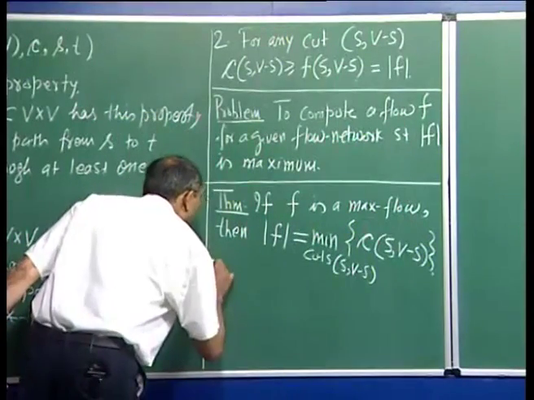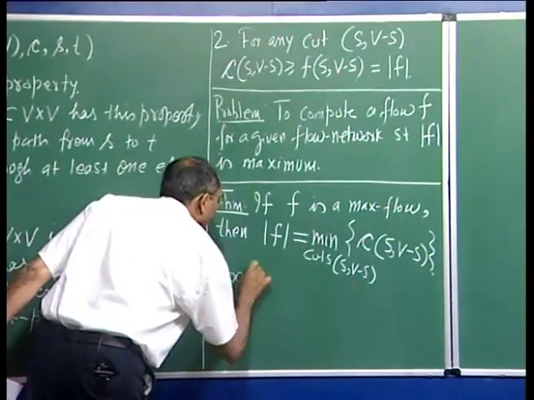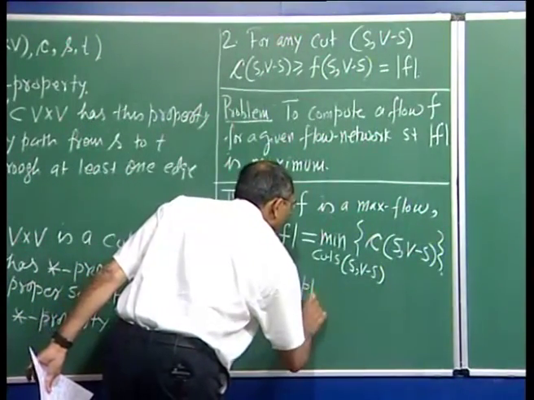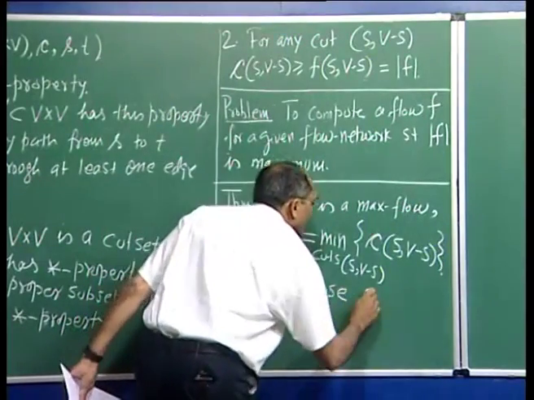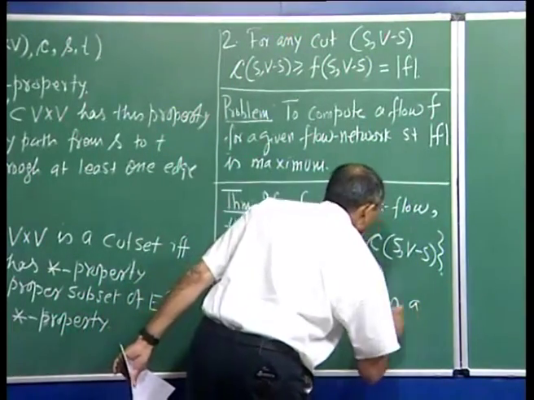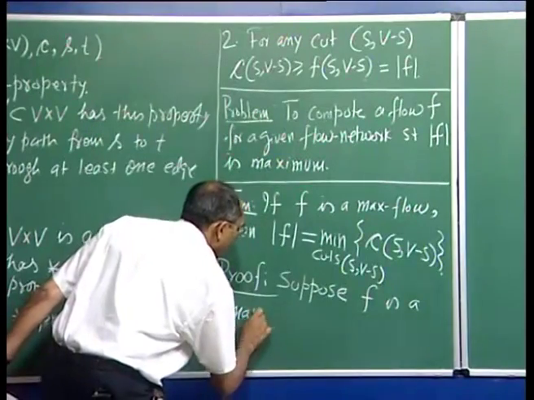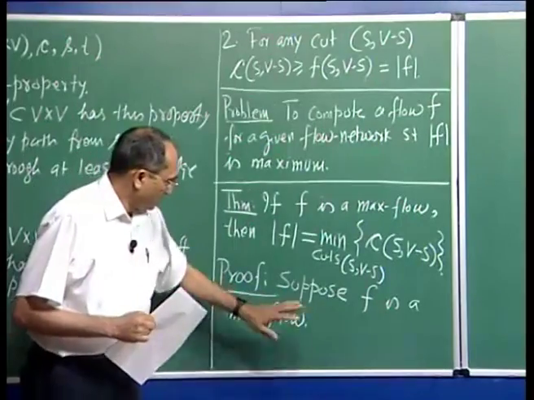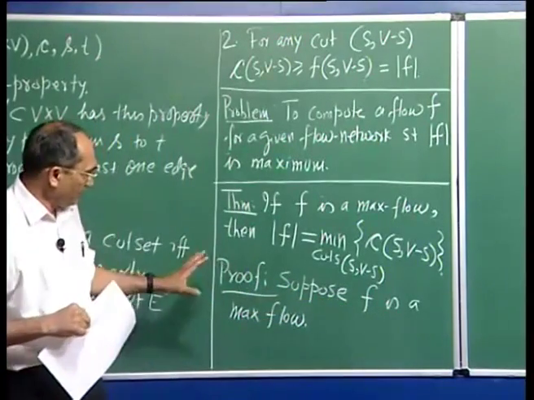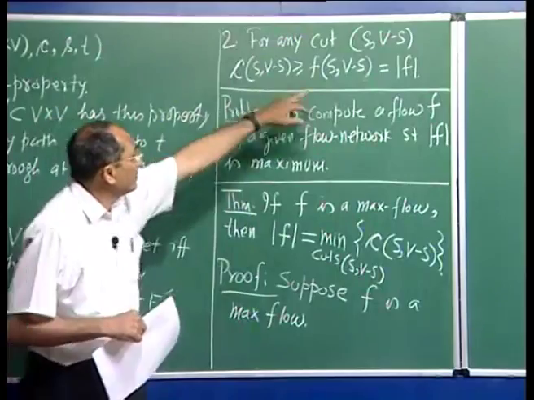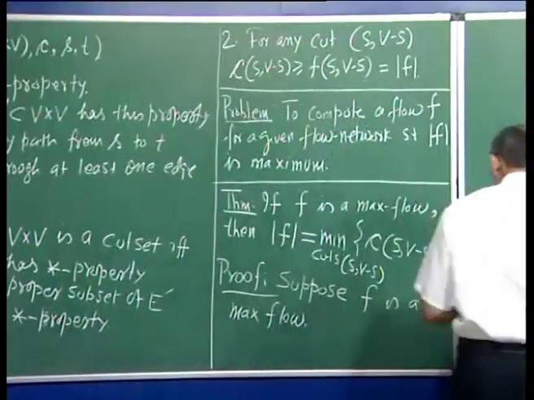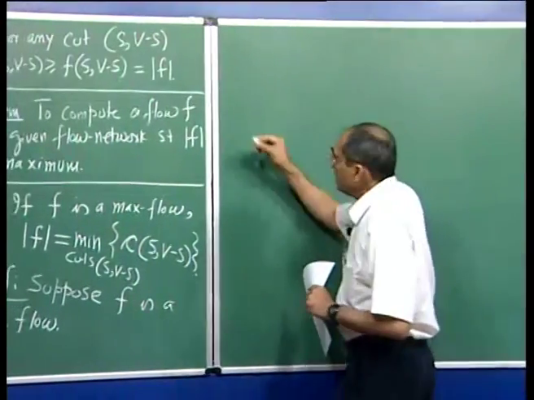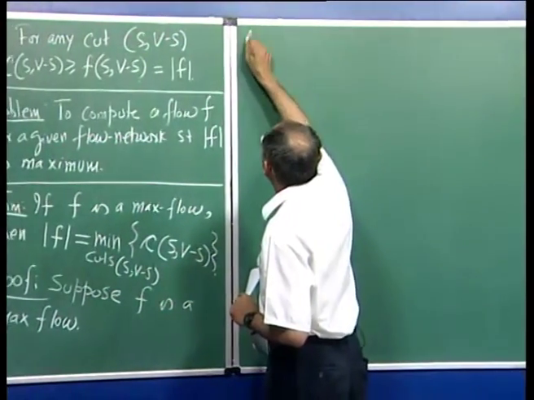So, let us try to prove this. Suppose f is a max flow. So, this f is one of the possible flows where the magnitude is maximum. Now, what we will do is we will define a set.